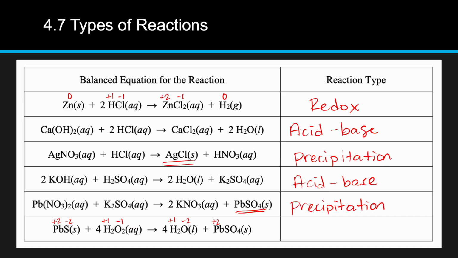And in sulfate, oxygen is -2, and then sulfur is going to be +6. So then we can see that our lead is not being oxidized or reduced. Our sulfur, on the other hand, is. It's going from a -2 to a +6, which means it lost 8 electrons. So sulfur is being oxidized, and then our oxygen is being reduced because it went from a -1 to a -2. So this is a redox reaction.